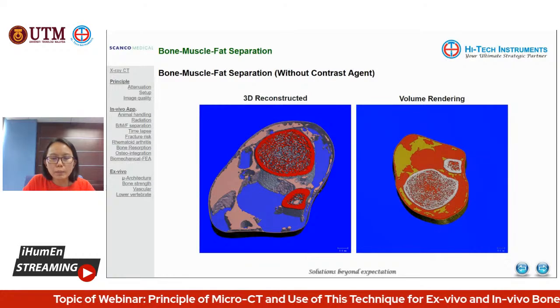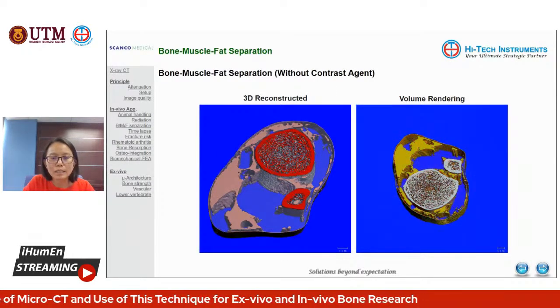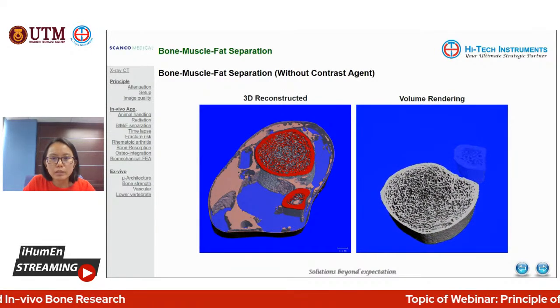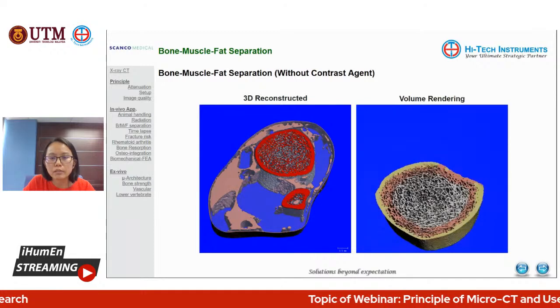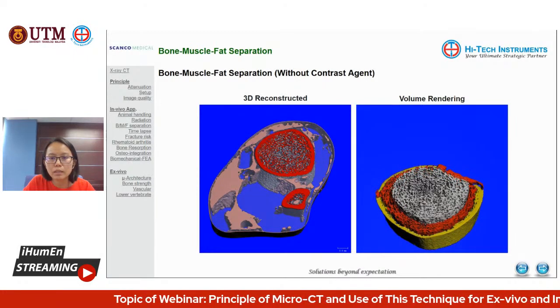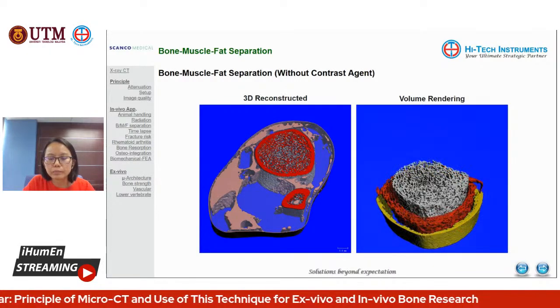If we are able to do segmentation by using the software, it means that we can measure the density and also the volume of the fat, the muscle, and of course the bone itself. From the bone, we can still further define the area, like separating the cortical and also the trabecular area of the bone.